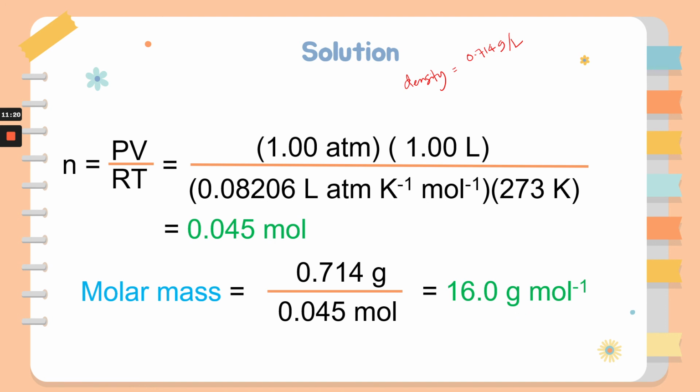Now, for the molar mass of the gas, we know that the mass of the gas is 0.714 gram. So we divide by the number of moles, and we get the molar mass of the gas. It is equal to 16.0 gram per mole.